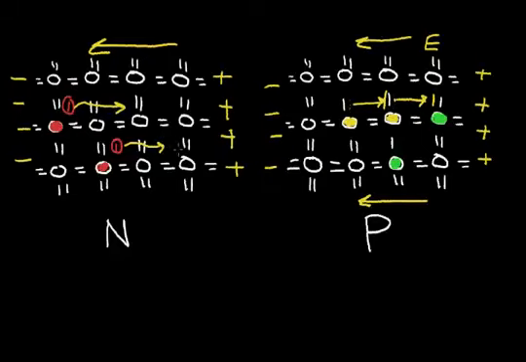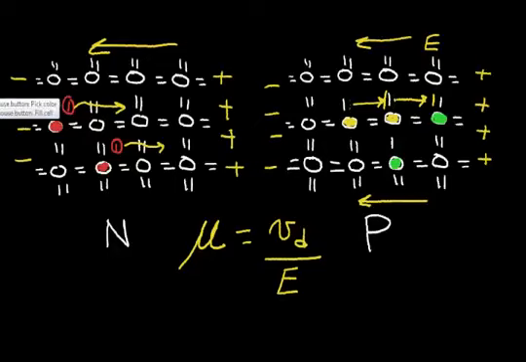There's a property of silicon that's called mobility, and that's denoted by the Greek letter mu. And the mobility is equal to the average drift velocity of the carriers divided by the strength of the electric field that I'll call E. Now this drift velocity, or V sub d, is a measure of how free the electrons in the n-type silicon are to move to the right towards this positive charge.